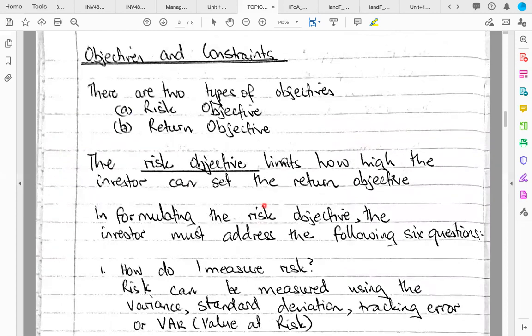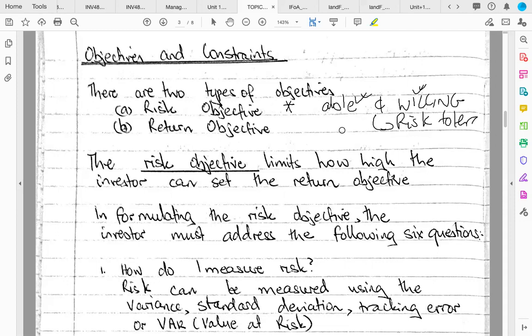Okay. So with regards to any investor, whether institutional or individual, we have to consider two types of objectives. We have to consider the risk objective. How much risk is an investor actually able and willing to take, which will give us what we call the risk tolerance.